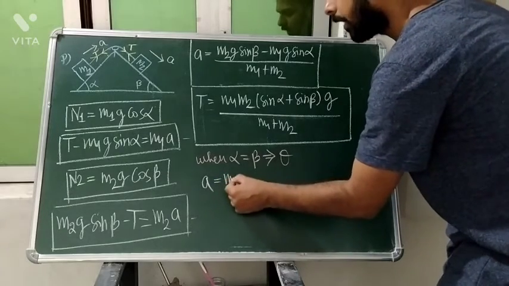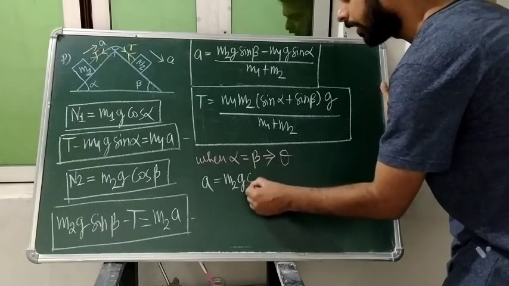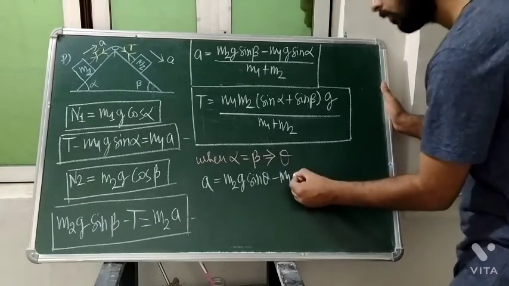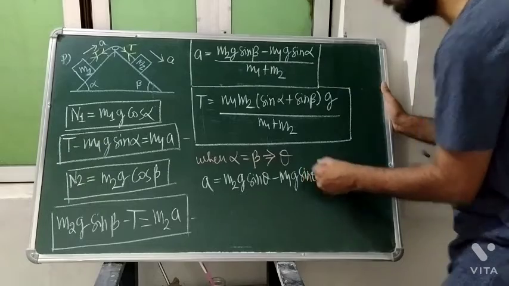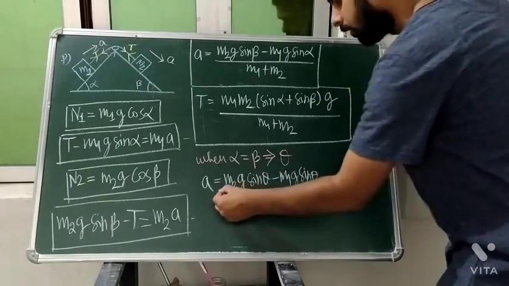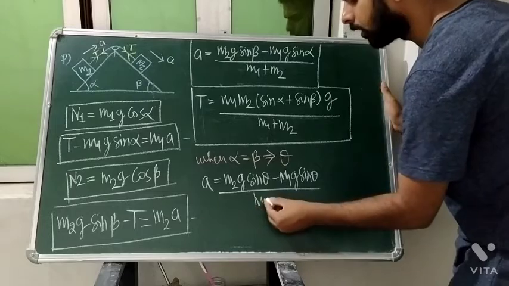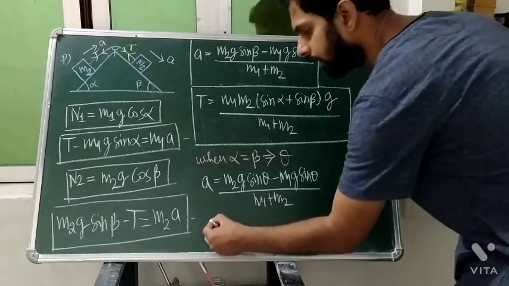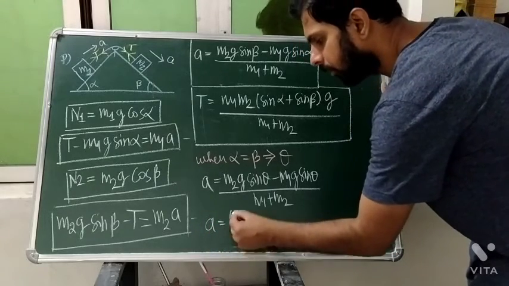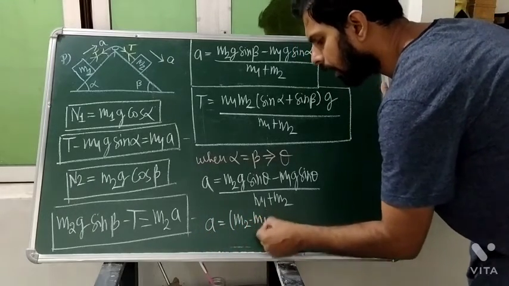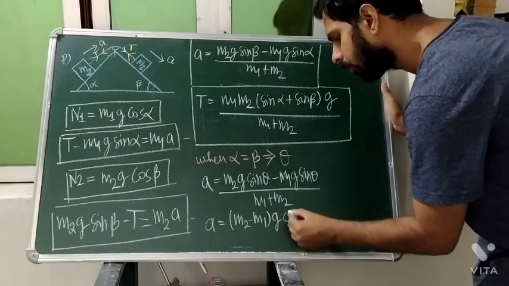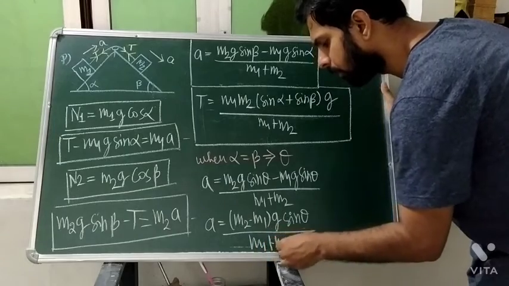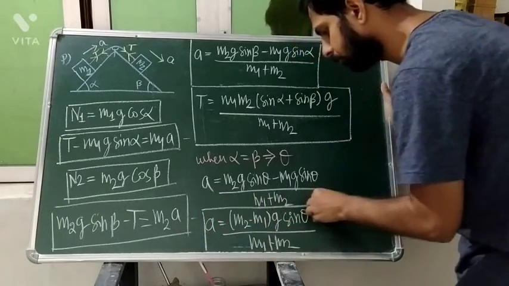We are going to get m2 g sin theta minus m1 g sin theta, writing theta in place of alpha and beta, divided by m1 plus m2. So this acceleration will become m2 minus m1 times g sin theta, divided by m1 plus m2.